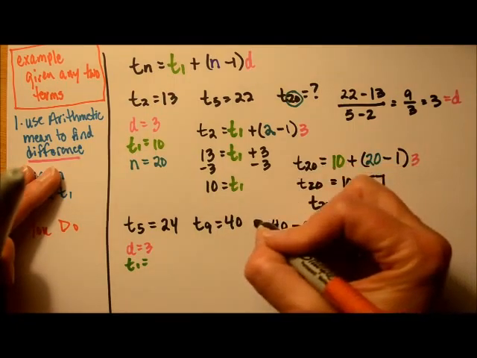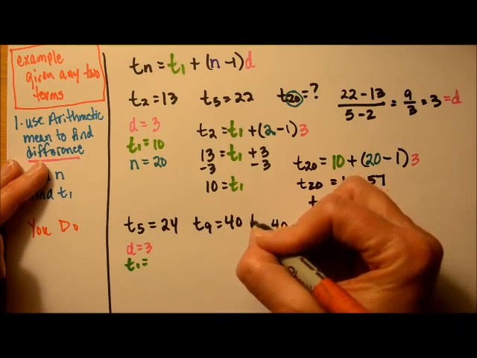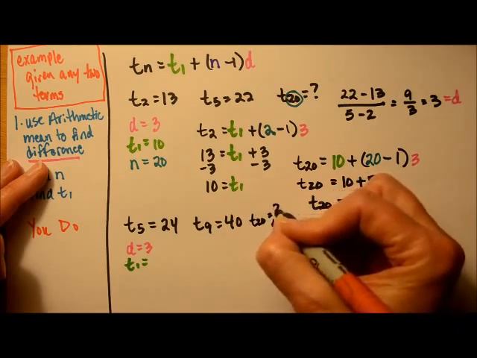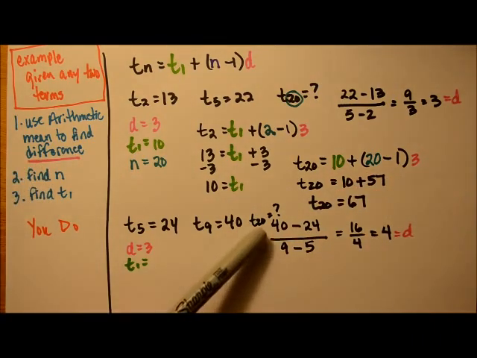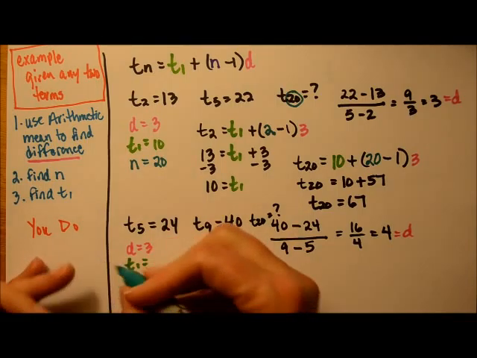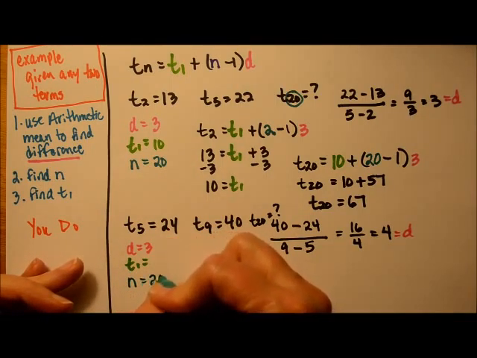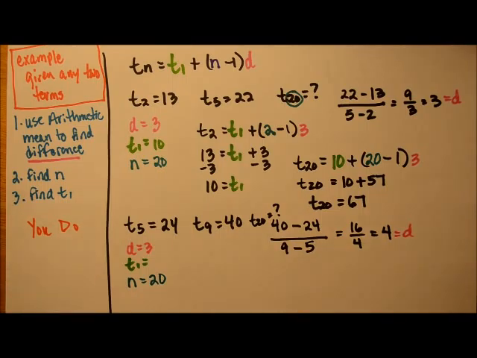Let's find T20. Okay, so we're going to go to 20. So what is N? N equals 20. Hopefully that's not some humongous number. Uh-oh, get your calculators out.